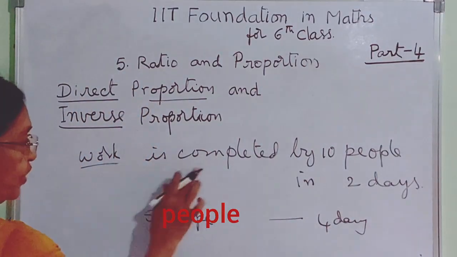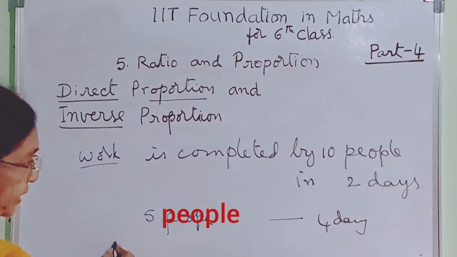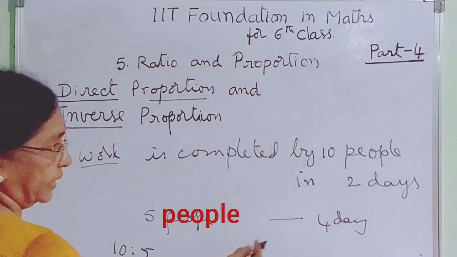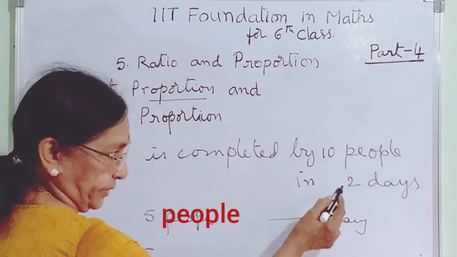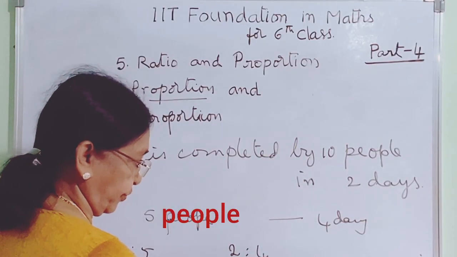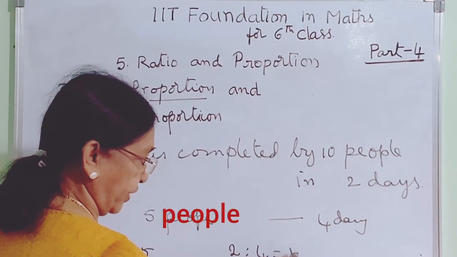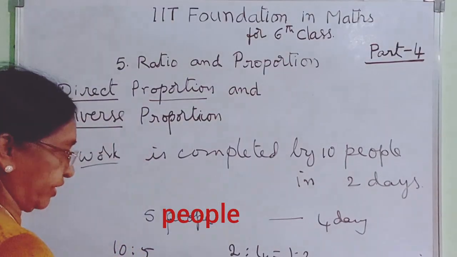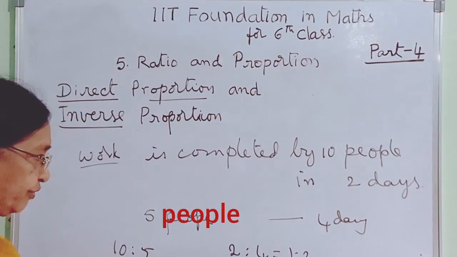That is, the ratio of the people is 10 is to 5, and the ratio of the days in which the work is completed is 2 is to 4, which is equal to 1 is to 2. So 10 is to 5 is inversely proportional to 1 is to 2.